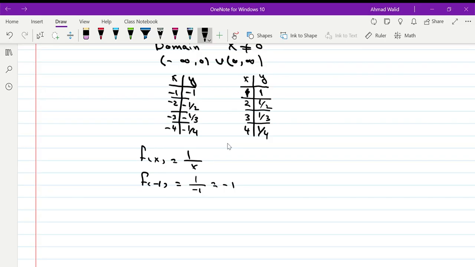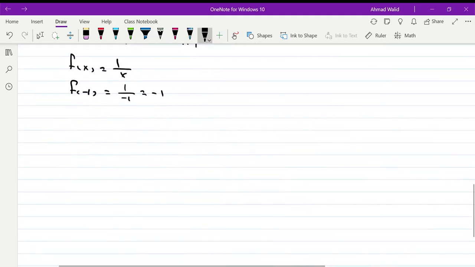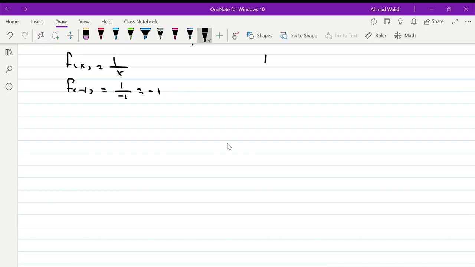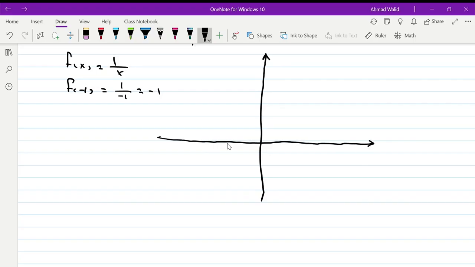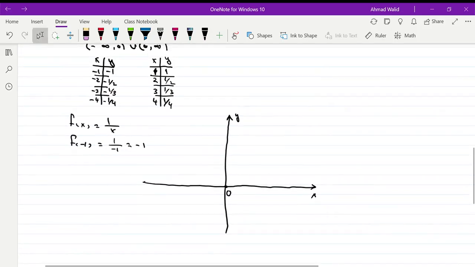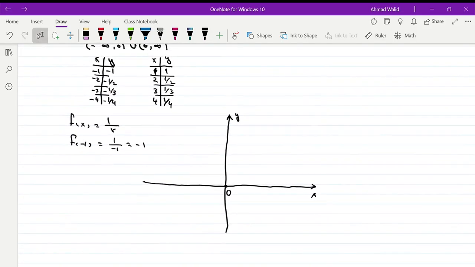Let's graph this function and see what's happening with it. What will be the shape? Using both tables, I'll try to graph this function. Here x, here y, and here is your 0. For the first table, let me make the distances a little bigger so you can see.